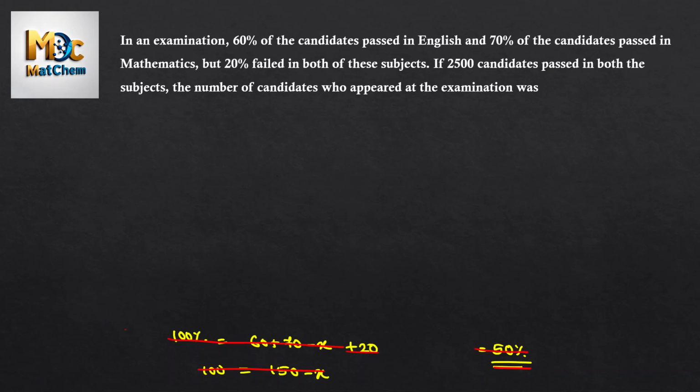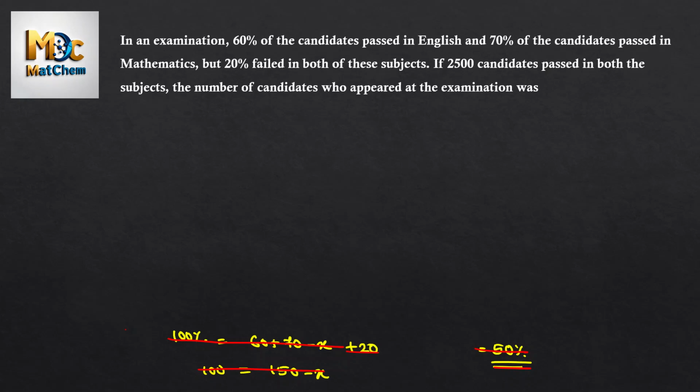Fine. So in an examination, 60% of the candidates passed in English, 70% of the candidates passed in mathematics, and 20% of the candidates failed in both the subjects. If 2,500 candidates passed in both the subjects, the number of candidates who appeared at the examination was?